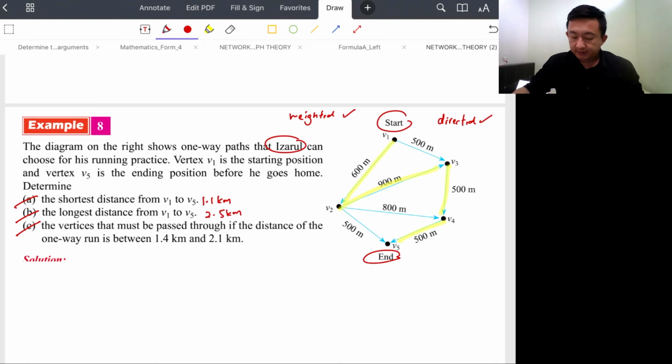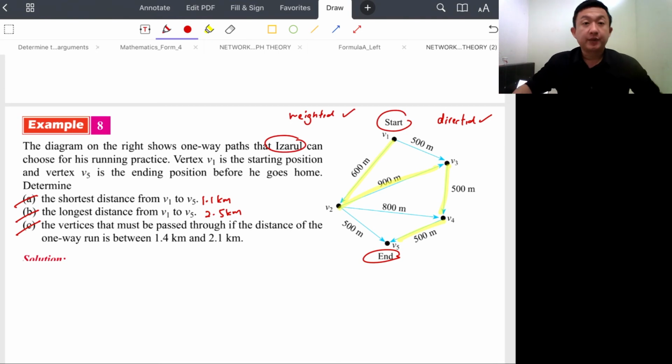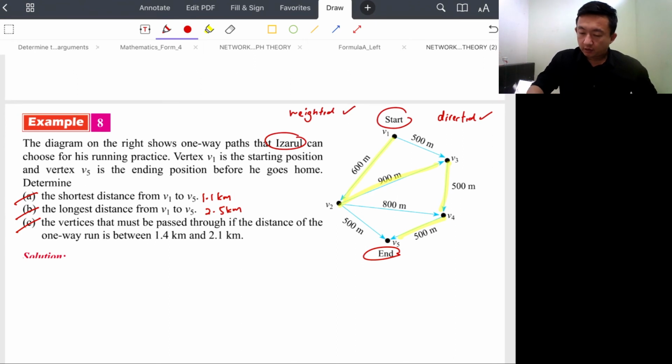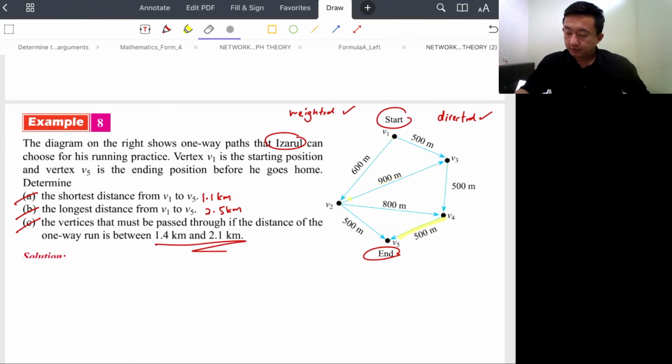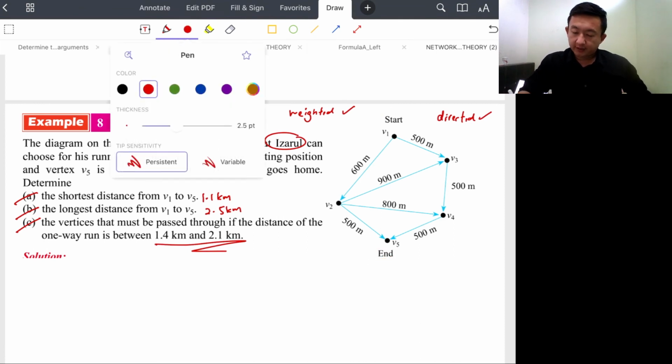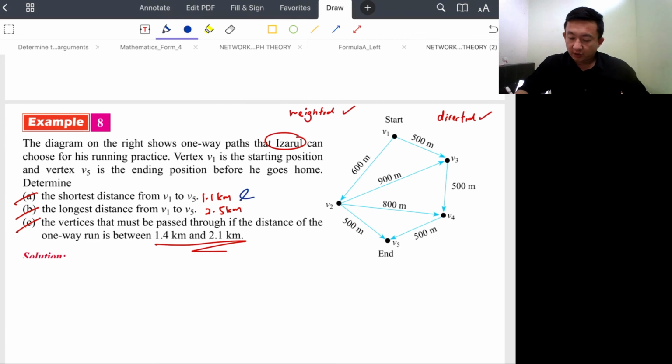Okay. The vertices, you need to find the vertices that must be passed through. If the distance to run is between 1.4 and 2.1, you just have to check between 1.4 and 2.1. How do you run? Start from V1 and end with V5. It cannot be the shortest, cannot be the longest. Why?